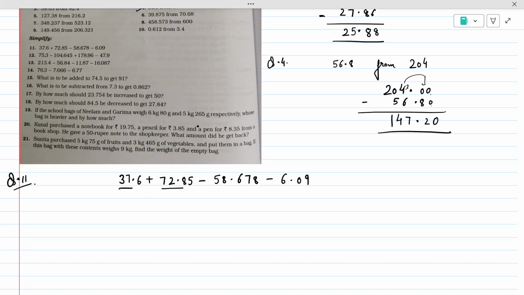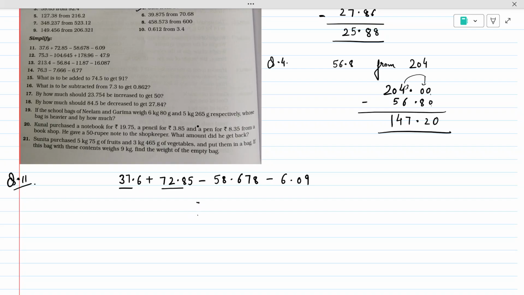So for addition we have to make them like decimals. Since the highest number of places in these two numbers is in 72.85, which has 2 decimal places after the decimal, we have to convert 37.6 up to 2 places of decimals.